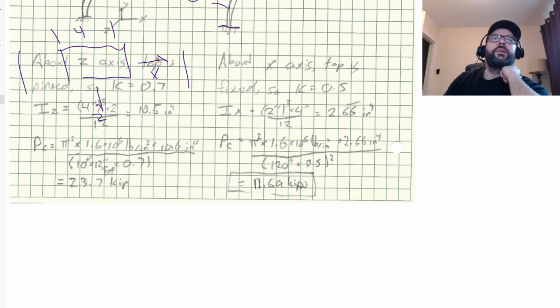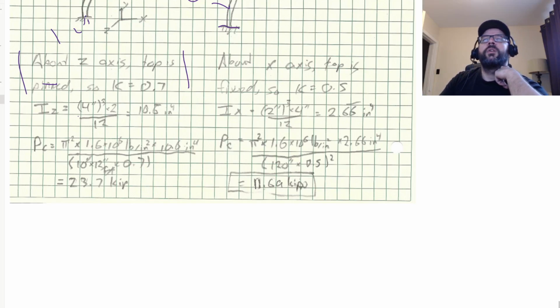So our I calculation about the z-axis, that's going to be 4 inches cubed times 2 inches divided by 12. That gives us 10.6 inches to the fourth.